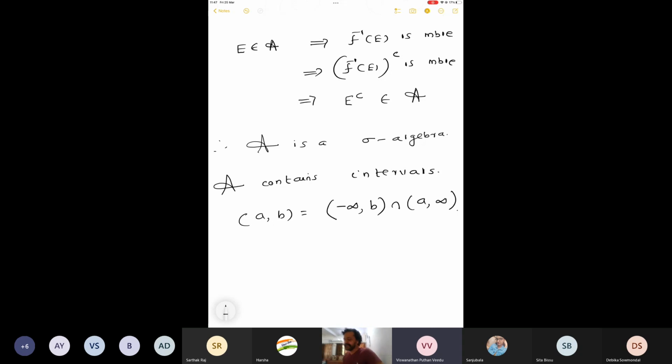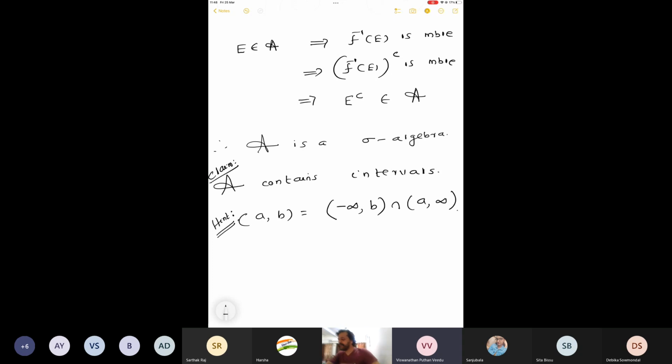Once f is measurable, the collection of all x such that f(x) is greater than a is measurable, and f(x) less than b is measurable. So this intersection will be measurable, and A contains all intervals. I am not writing the details; this is my claim, and this is the hint. You develop it.